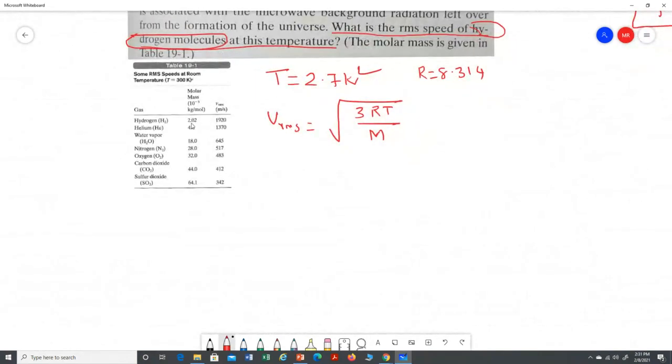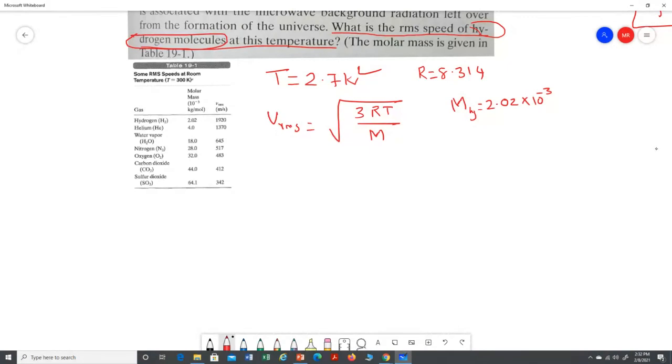For hydrogen, what is the value of the molar mass? 2.02. Don't forget to multiply by 10 to the power of minus 3. It is also included. So the molar mass of hydrogen is equal to 2.02 multiplied by 10 to the power of minus 3.